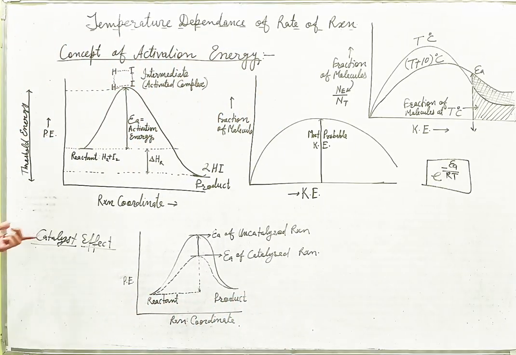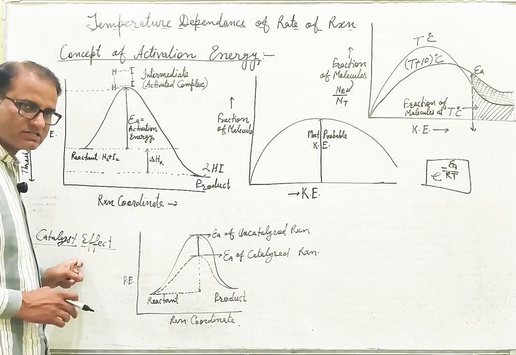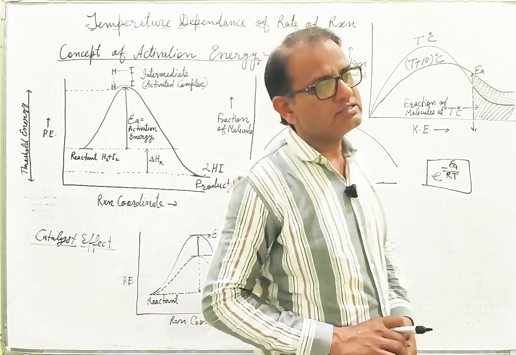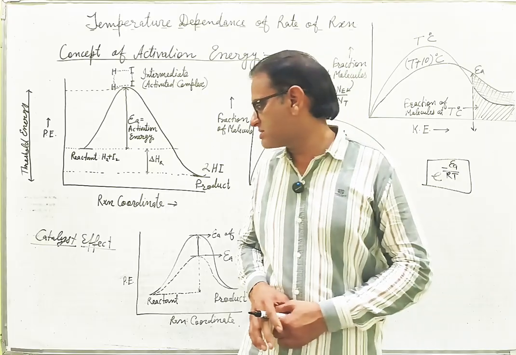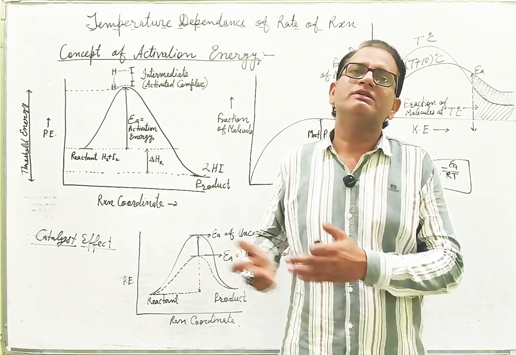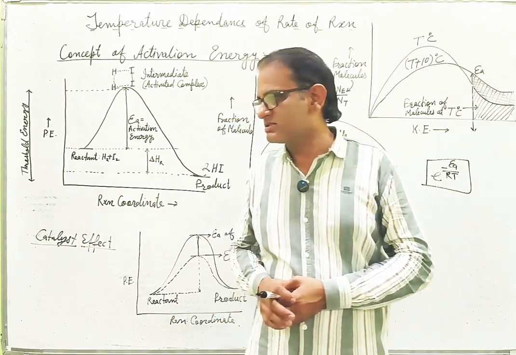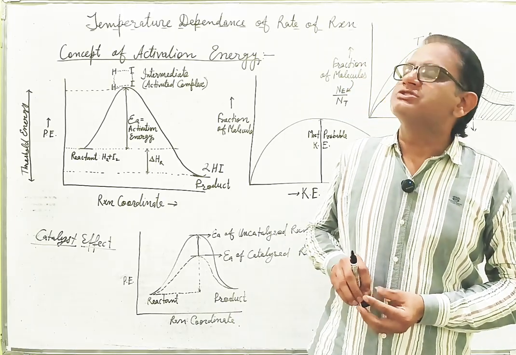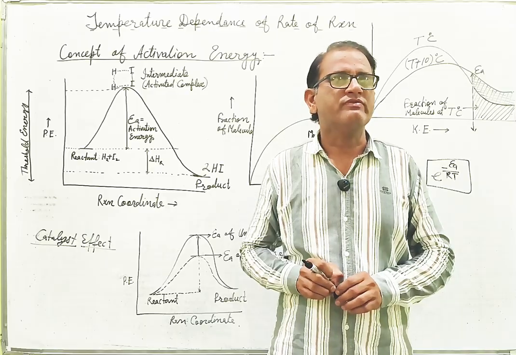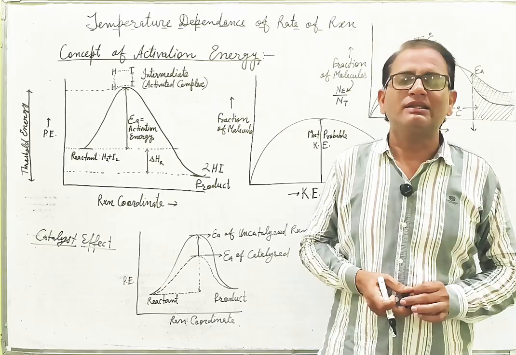Now let us understand the effect of a catalyst on rate of reaction. First we need to understand what a catalyst is. A catalyst is a substance which is used in many chemical reactions to increase their rate of reaction, or we can say to complete the reaction in less time.